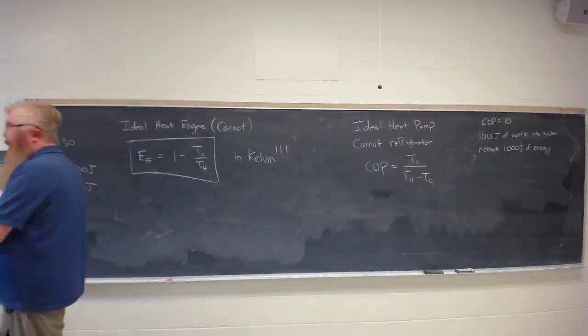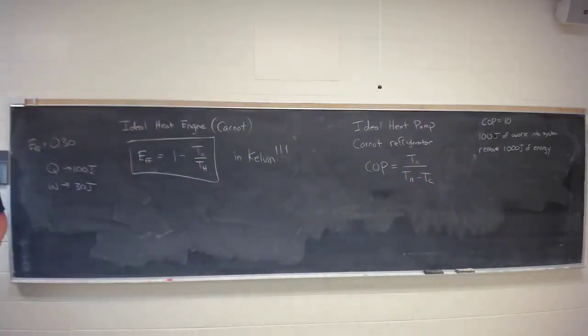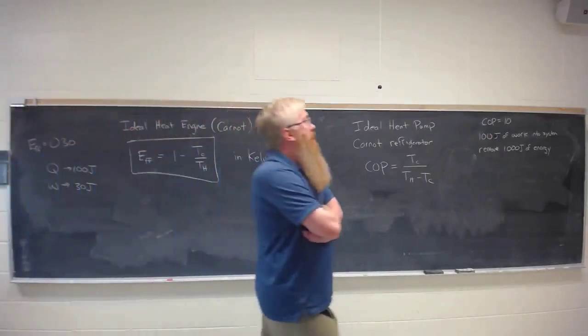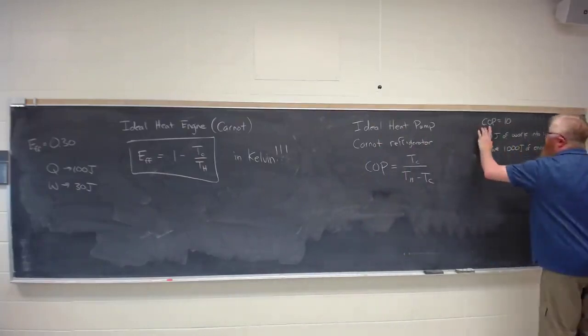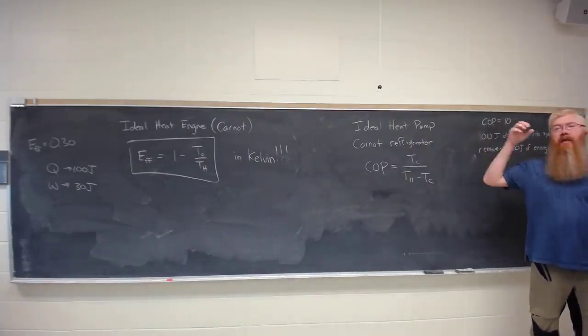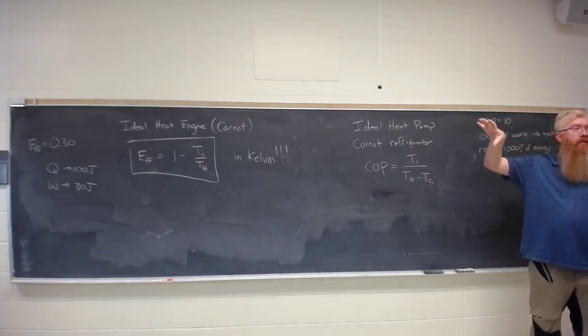So basically it means that it's a factor of 10 efficient, where for every joule of energy you put in, you can pull 10 joules of heat out. Well, where does that go then? If you put 100 joules in, you pull 1,000 joules out, that's 1,100 joules of energy that's dumped into the hot reservoir.